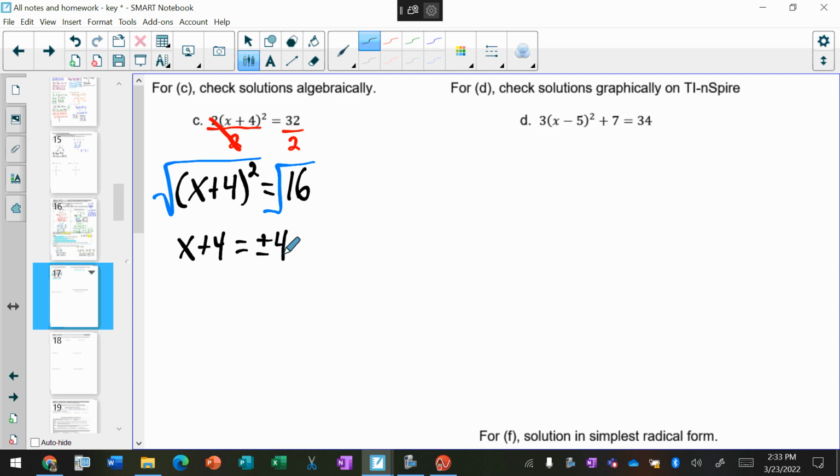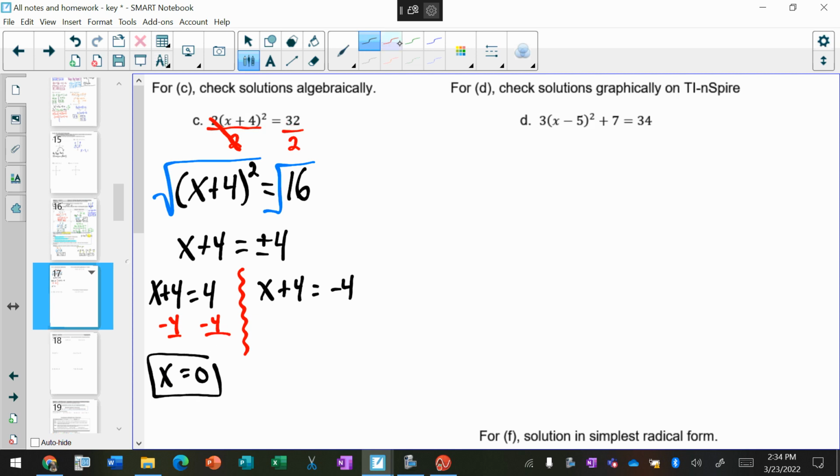So we can still use our idea of squiggle McWiggle here, because it's always fun to say squiggle McWiggle, where we have x plus 4 might equal positive 4. The other possibility is x plus 4 would equal the negative 4. That would lead us to two different solutions and our roots. So solve for x.